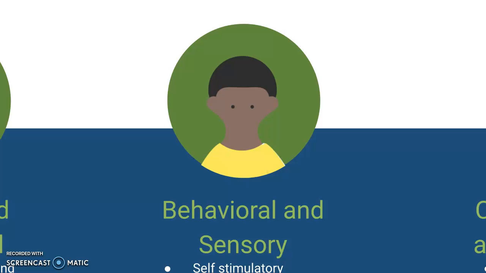So autism shows up in a few different ways. The first is cognitive and neurological. This can be seen in executive functioning or planning.